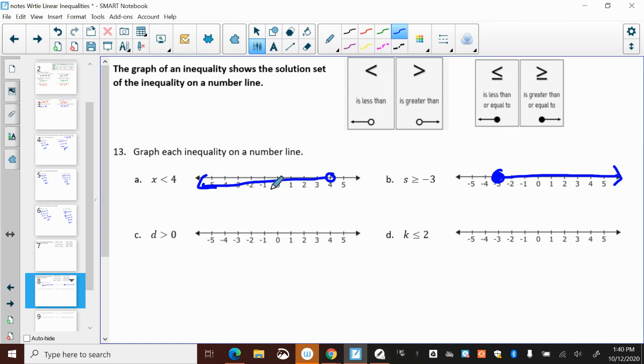Make sure you're drawing your arrow. D is greater than 0. Open circle because we don't have the or equal to. Greater than is to the right. K is less than or equal to 2, so we're going to have a closed circle. And again, less than is to the left.